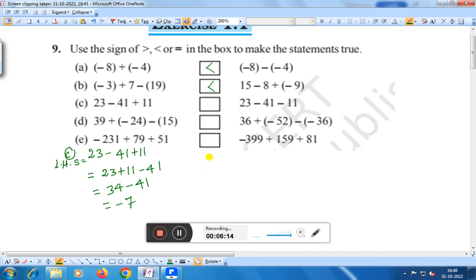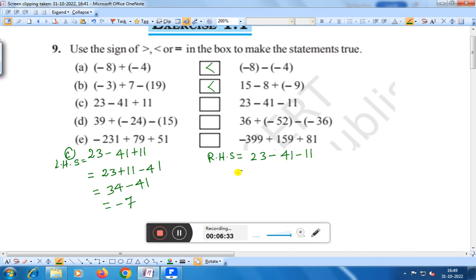Now right hand side, RHS, is 23 minus 41 minus 11.